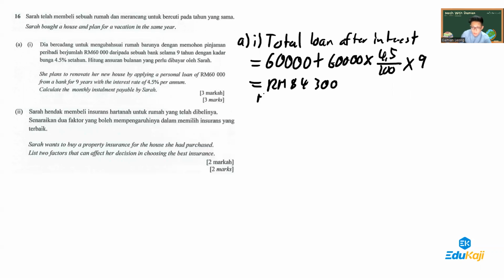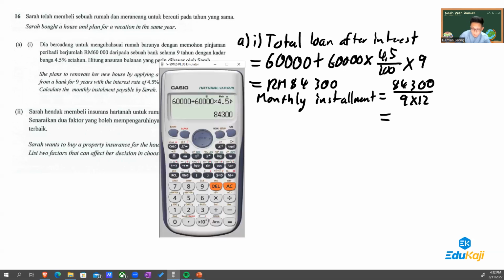So the monthly installment will be 84,300 divided by 9 years times 12 months each year.